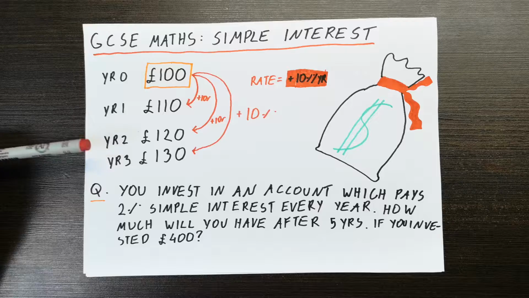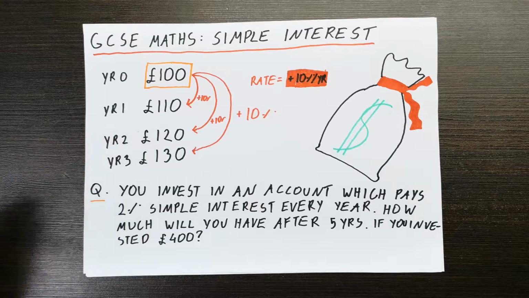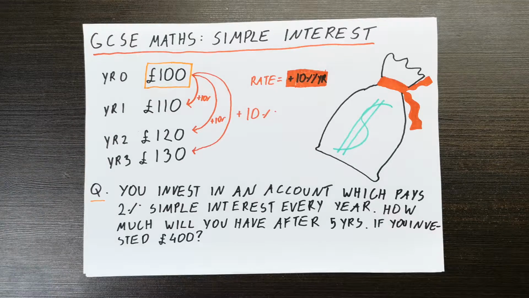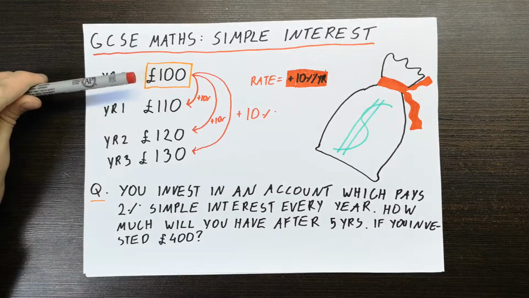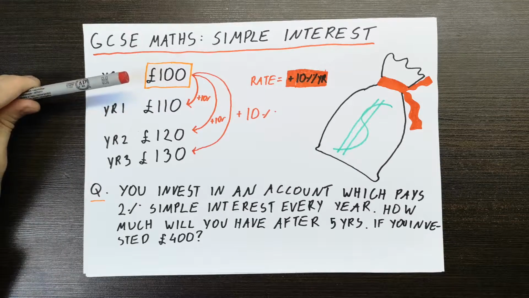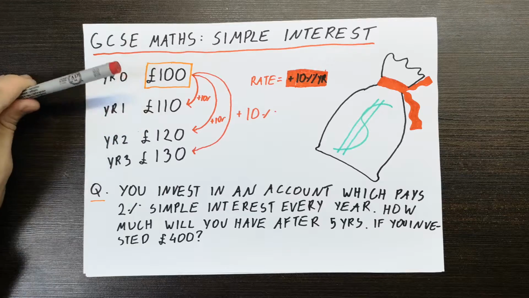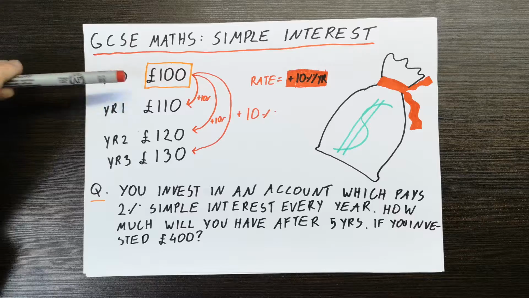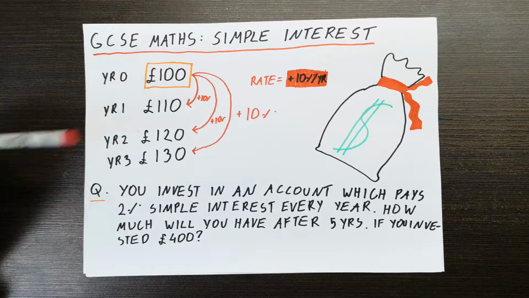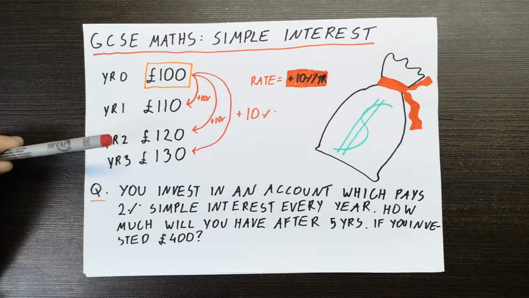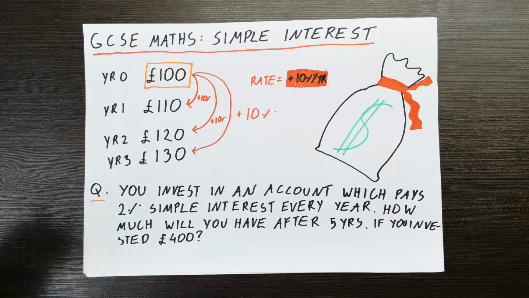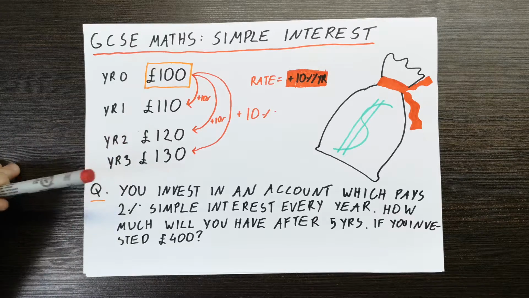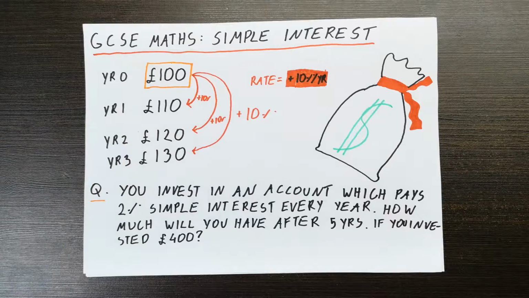After year 2, after another year, you get another 10% added onto that amount. However, that 10% is added from the original amount. So that 10% is added from the £100, not from the £110. So £110 plus 10% of £100 is 110 plus 10, which is 120. And the same happens the following year. We add on another 10, giving us 130.